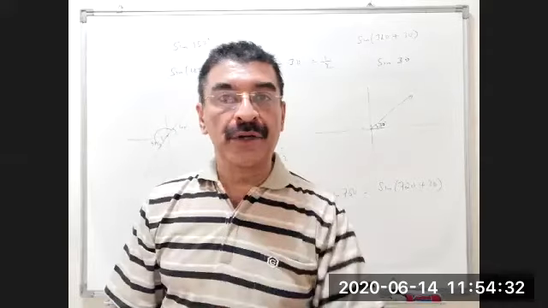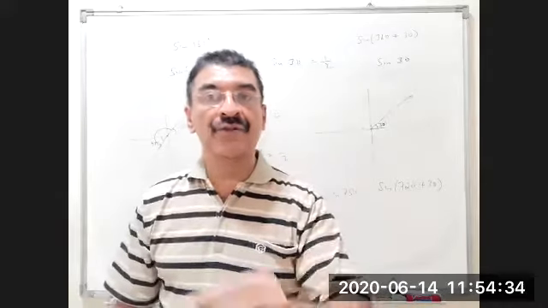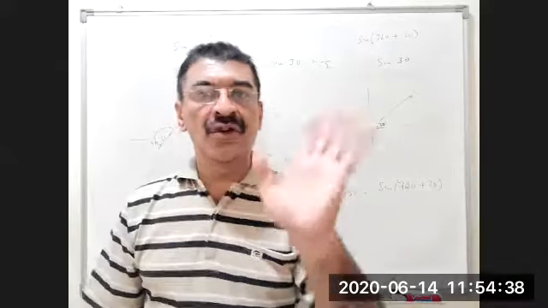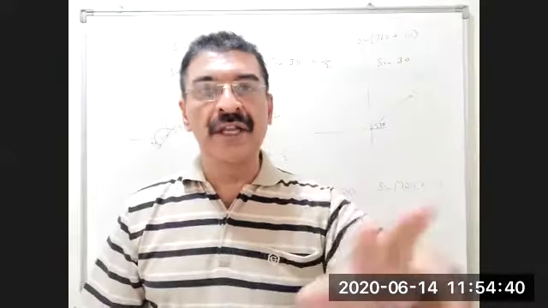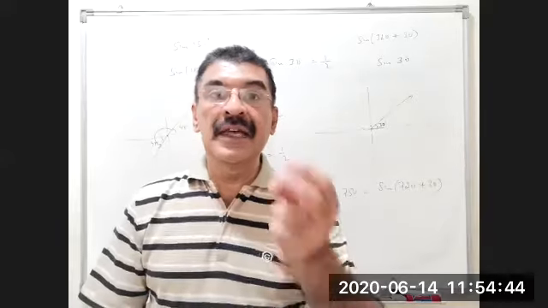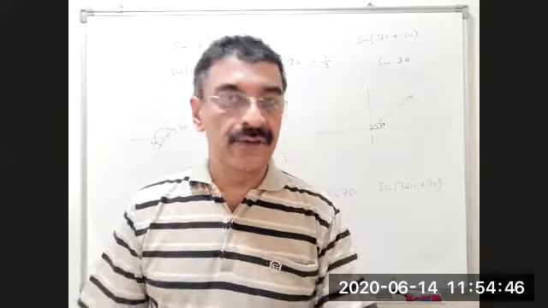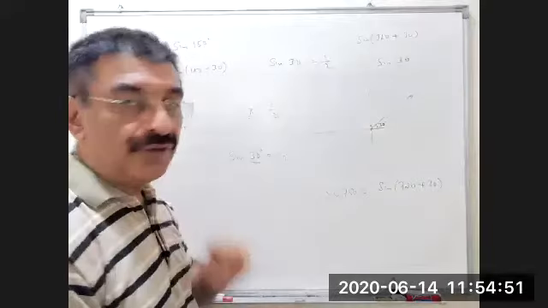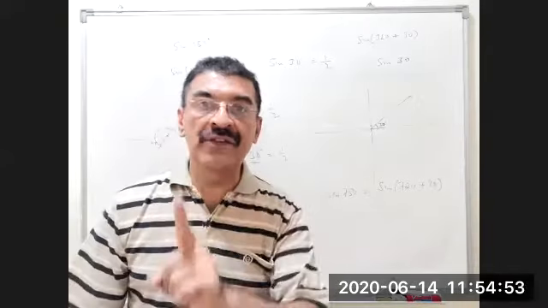For all trigonometric functions, we consider only sine, cos, and tan, since the remaining 3 are reciprocals. For all of them, there are 2 principal solutions. For example, sin x is 1 by 2, which is positive.